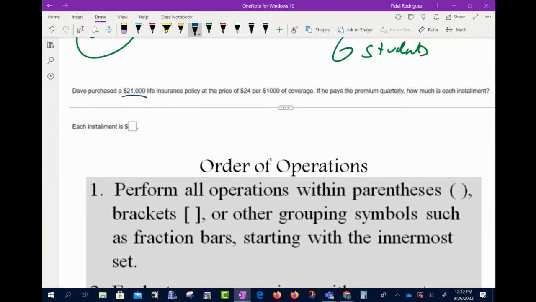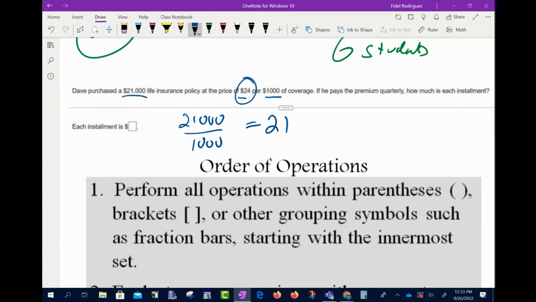We have a $21,000 life insurance policy, and they charge me $24 for every $1,000 worth of coverage. So I want to figure out how many groups of 24 I have. Let's take 21,000 and divide it by 1,000 because they charge me for every 1,000. That gives me the number 21, so I'm going to have 21 groups.